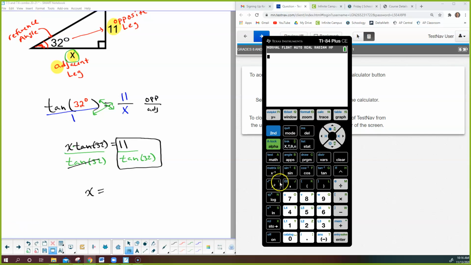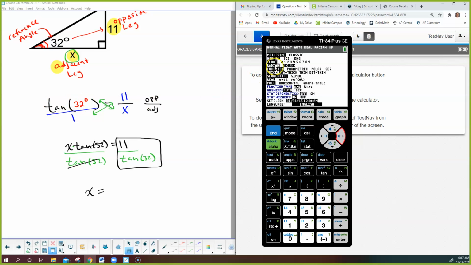But we have to check one thing. We have to check the mode of your calculator. So what I'm going to do now is hit mode. You can see that red where it lights up in red. And then I'm going to scroll down to the one where it says radians/degrees. Now, for us, we are in 32 degrees, right? So our tangent is the degree measure.